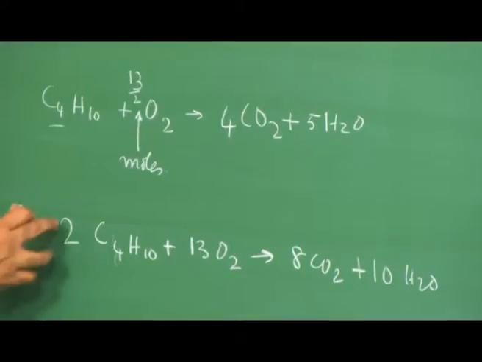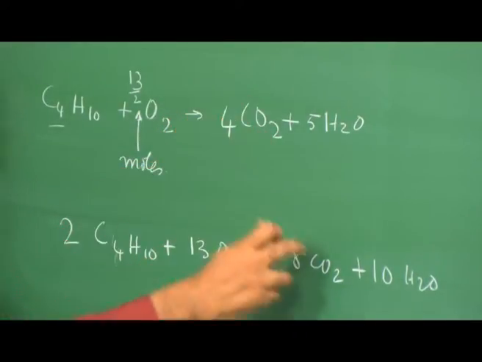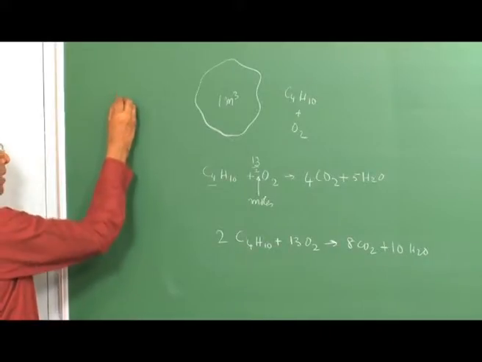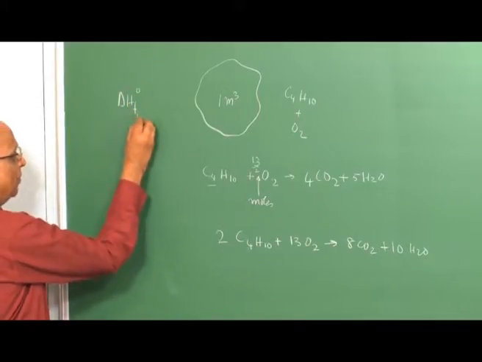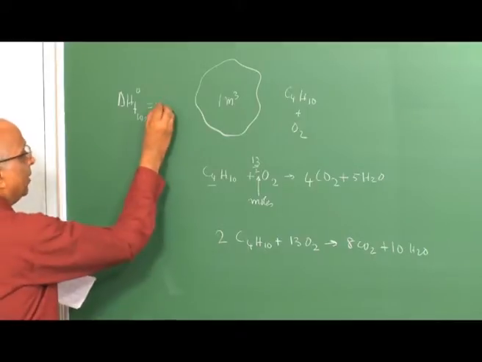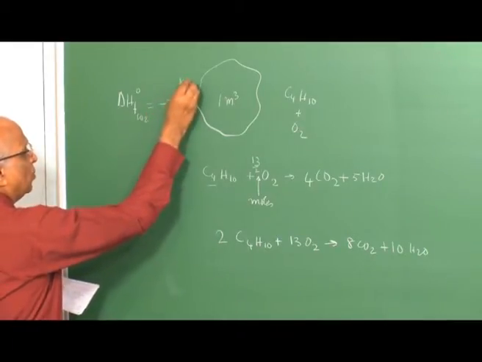I have been able to write an equation provided I assume the products were carbon dioxide and water. Now, I want to determine this. Yesterday we discussed heat of formation. We said that the heat of formation of carbon dioxide was equal to minus 393.5 kilojoule per mole.